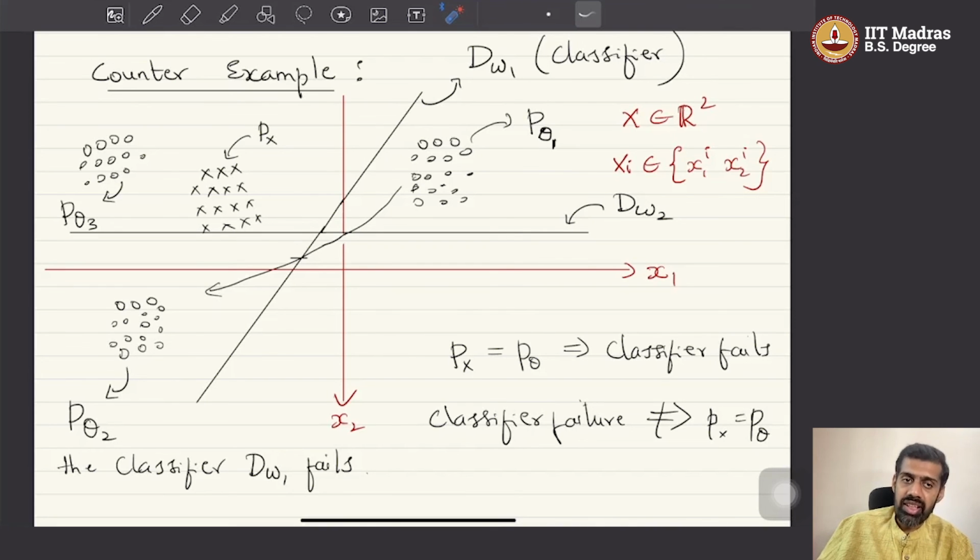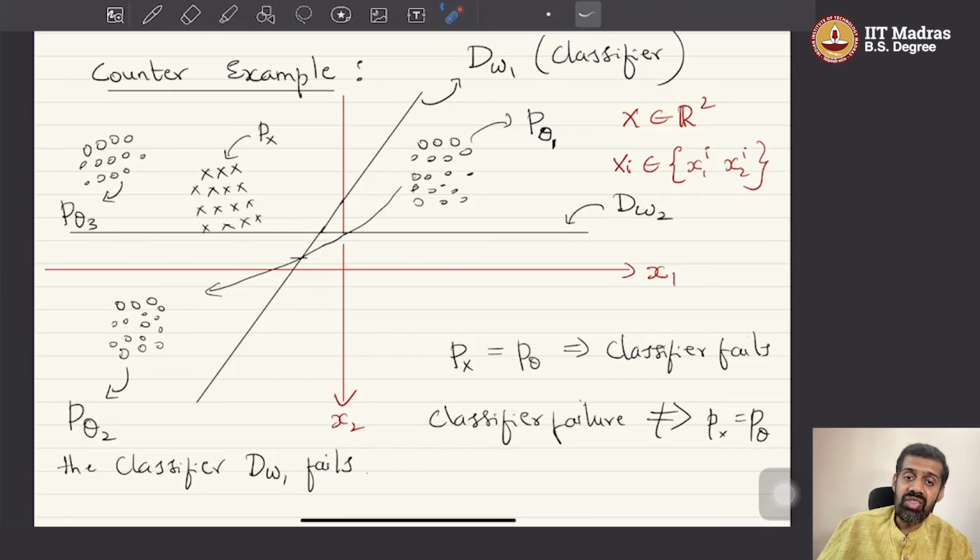From a classifier standpoint, move your p theta such that the current classifier fails, and then tweak your classifier such that under the current theta you can distinguish between the real data and fake data, and keep alternating between these two processes. As you can see, one can get stuck in a place where the classifier keeps fooling the generator and the generator keeps fooling the classifier, so to speak, right?